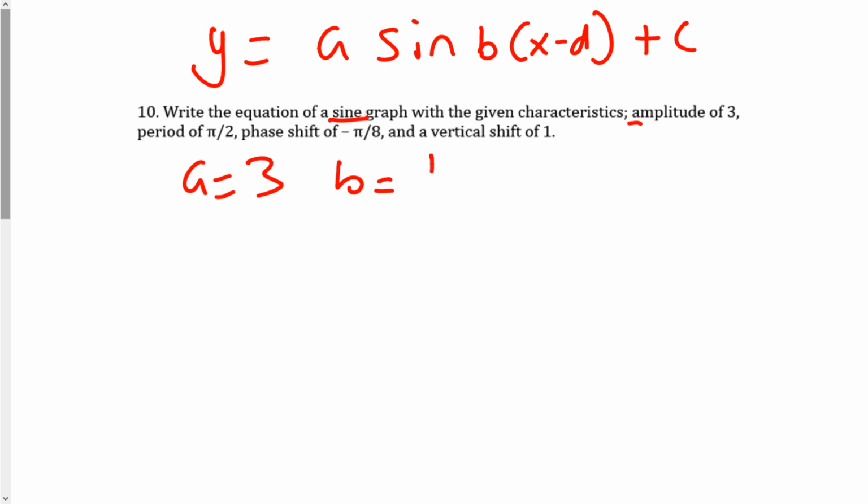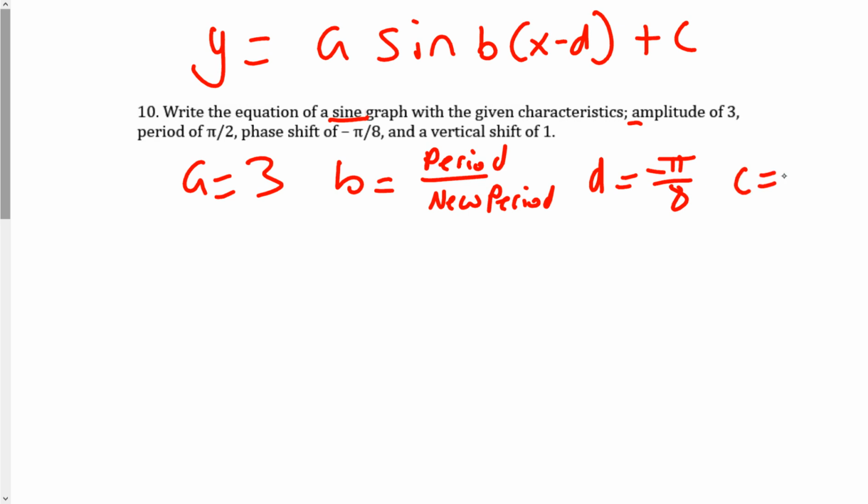That's taking the old period, or the standard period, and dividing by the new period. And then D is what they give you. They give pi-8ths, but what's going to go in the equation is the opposite of that. Okay, just like when you have an equation, you always take the opposite, right?